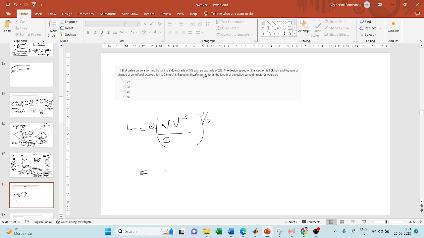You have to substitute N as a fraction, V in kilometers per hour, and C in meters per second cubed.